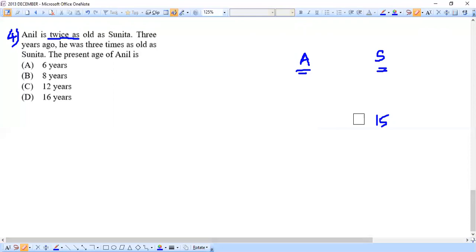Now what next is given in the question? Just see whether any other conditions are given here. We have: 3 years ago, he was 3 times as old as Sunita.